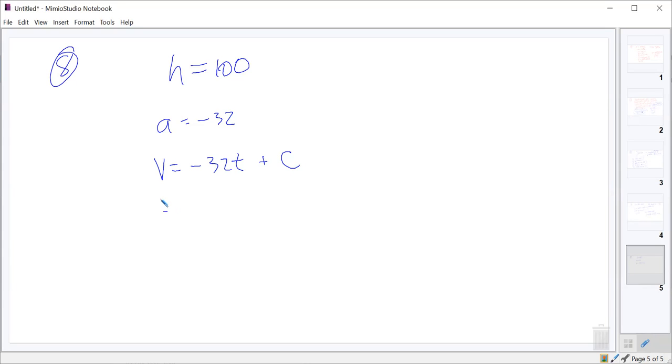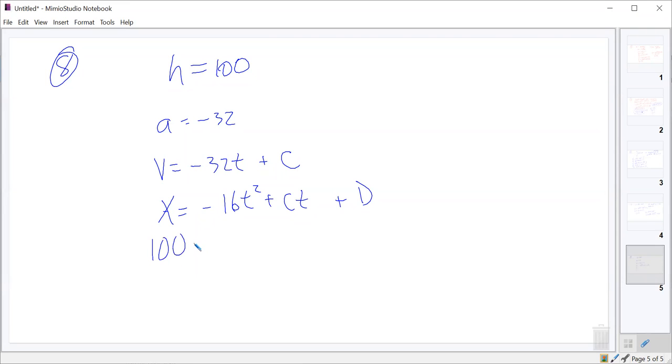Yeah, we need the position equation though, which should be what? Negative 16t squared plus that first constant times t plus some other constant. And we want when the position is 100, we need it to stop going up, right? All right, well, let's see how this goes.